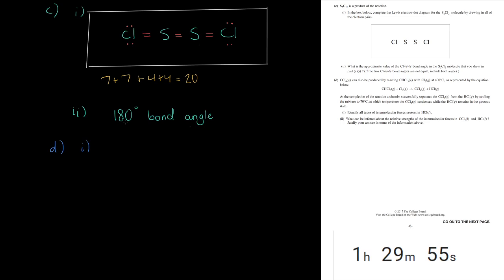Well, I'm just reading part B, and it's saying what can be inferred about the relative strengths of the intermolecular forces in this liquid versus that liquid. Okay, let's start here. All intermolecular forces, clearly we're going to have London forces. That is always the case, and they just change depending on how many electrons there are. So this is London forces.